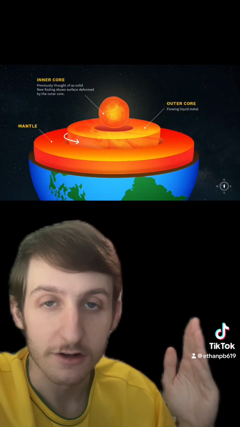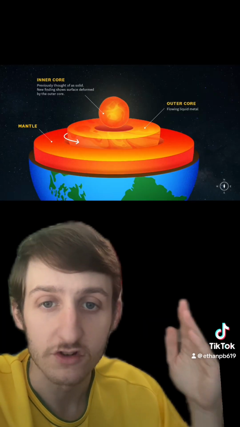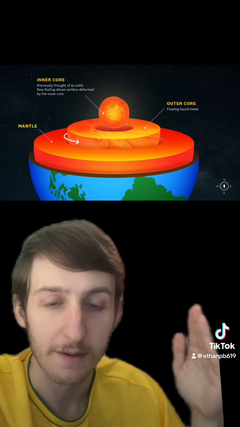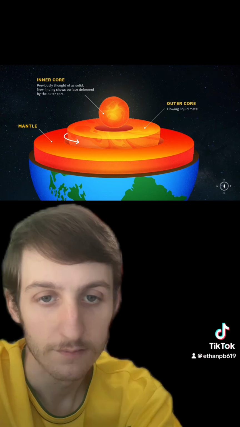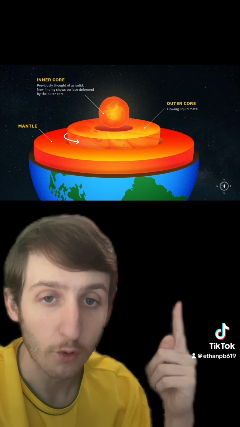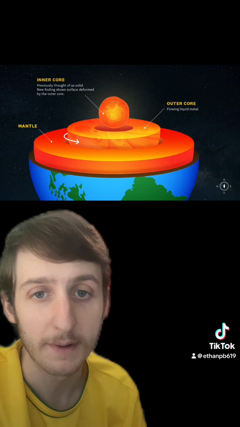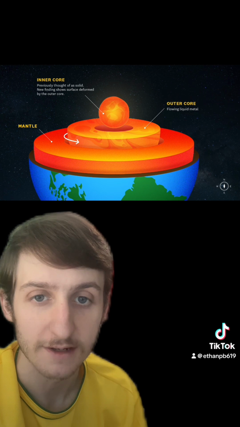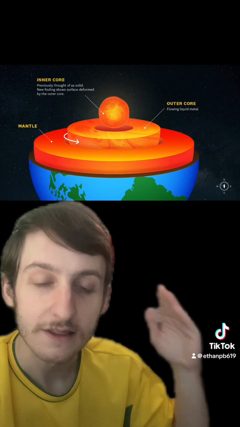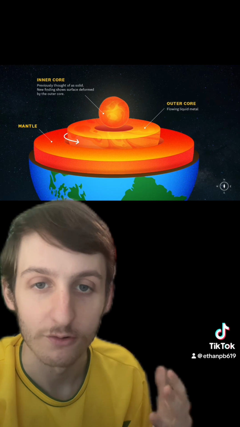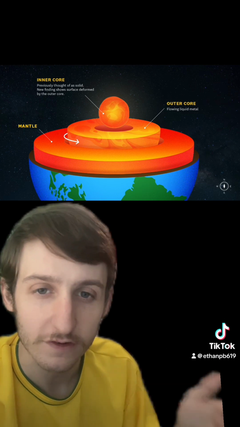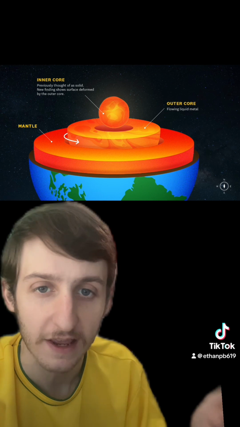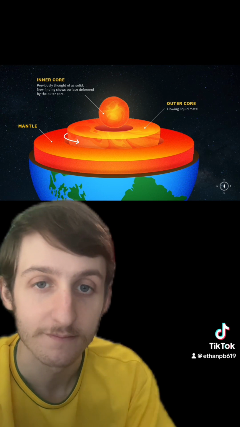After about 1,800 miles of the crust and the mantle, we start to experience one of the first two layers that makes up Earth's core. The outer core is approximately 1,400 miles thick and is composed primarily of liquid metals such as nickel and iron due to the intense amount of heat. Now, despite the inner core and outer core being composed of identical material, there is a distinction between the two layers due to the state of matter that these metals are found in.